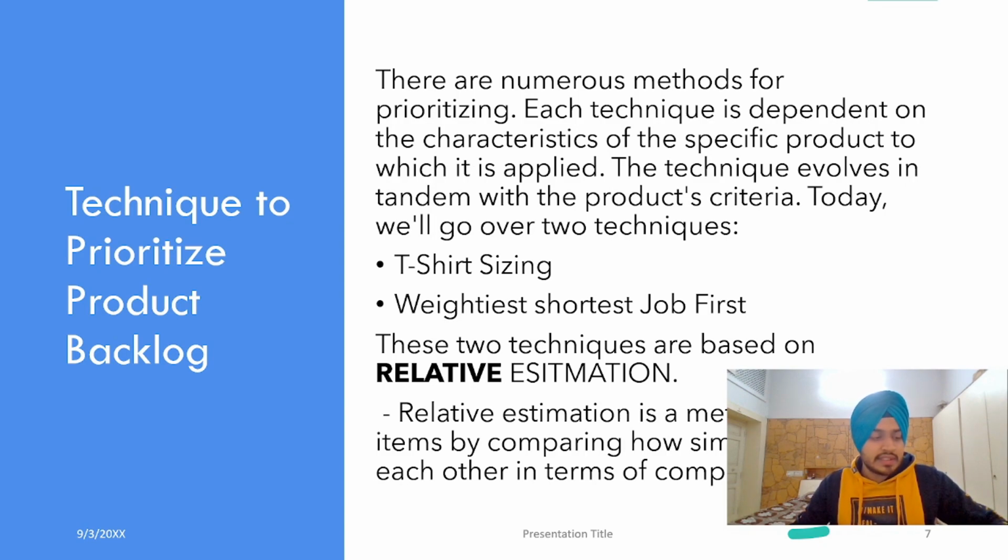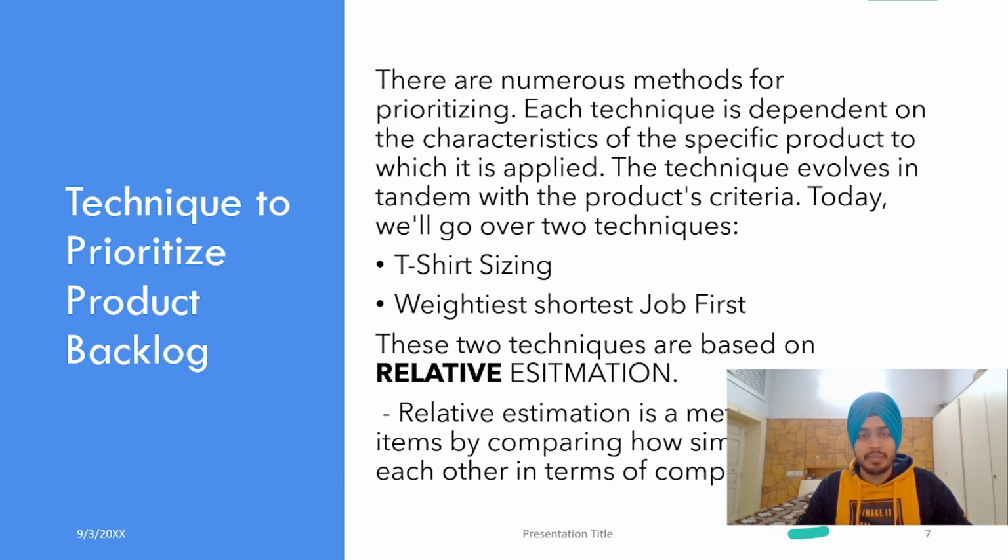But relative estimation means, suppose for one of the features we just see how many days it will take for the developers to develop it and testers to test it, and for the next feature we compare that feature's complexity with the current feature's complexity, and then decide how many story points would be needed for it.